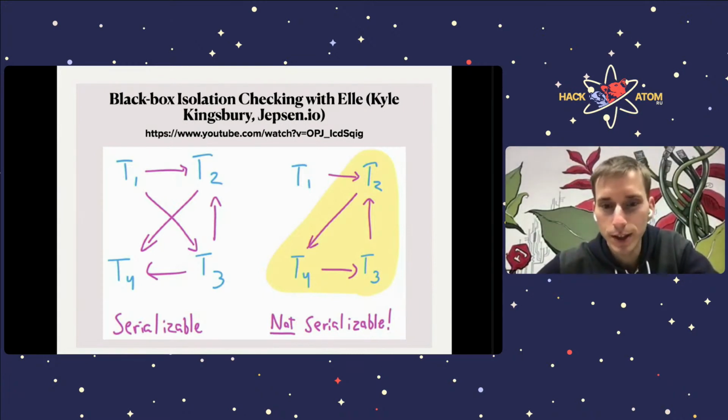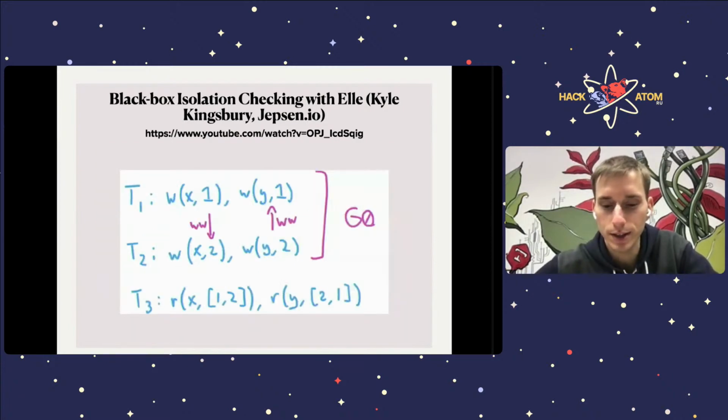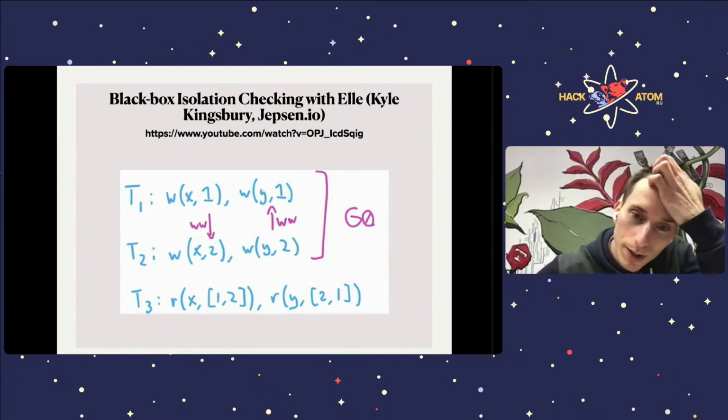In this case, all transactions will be completed in atomic fashion. In the other case, we're just cycling. It's not really clear which path is valid.